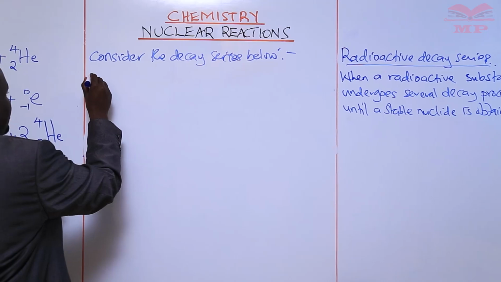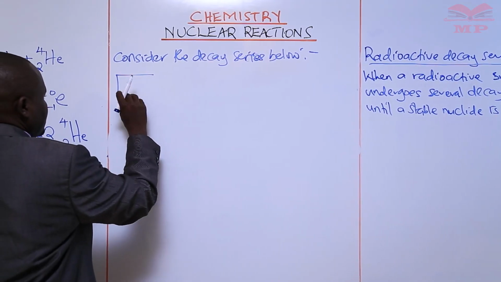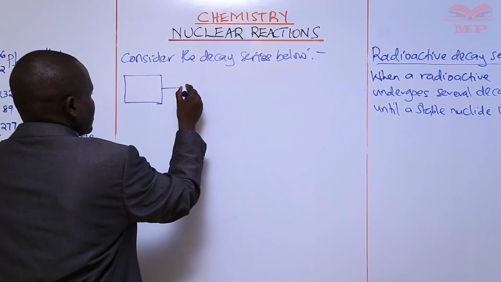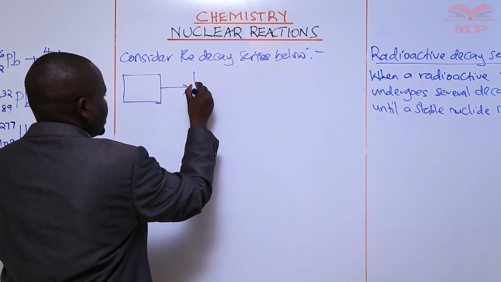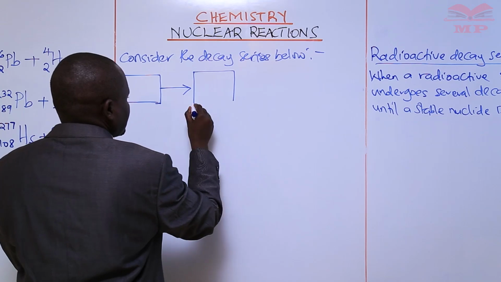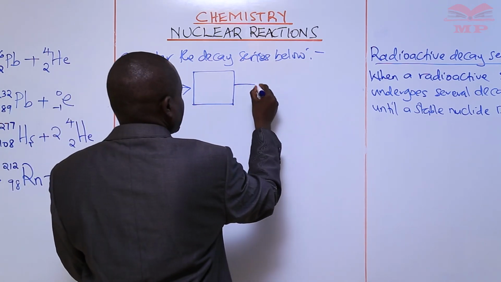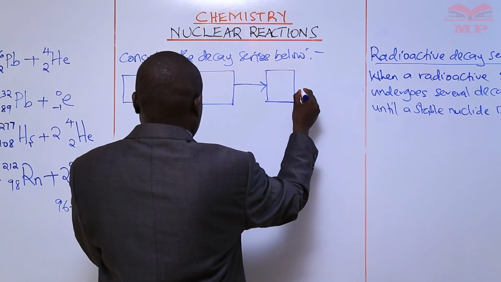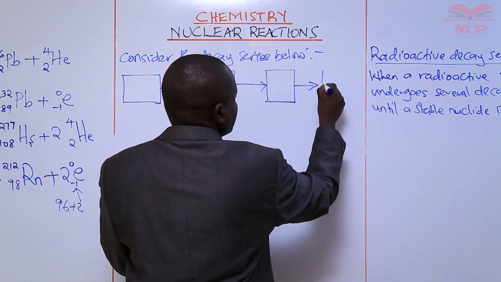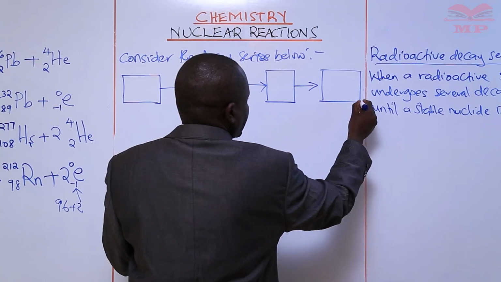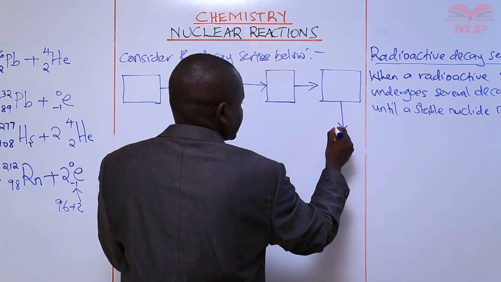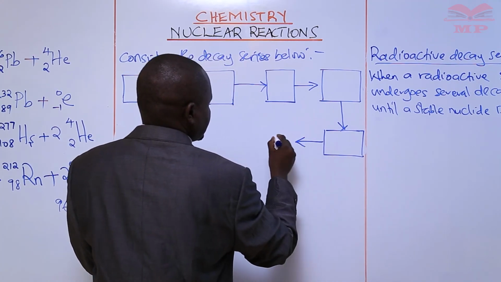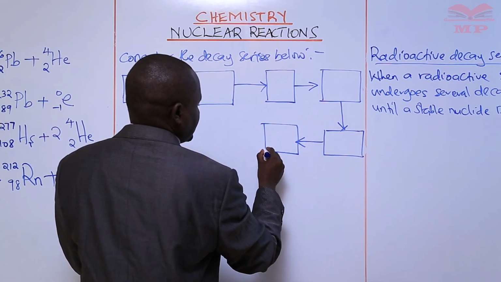So we have this, decaying to produce this. So we are saying this one happens until a stable nuclide is obtained. So it is a series. It occurs in several steps.